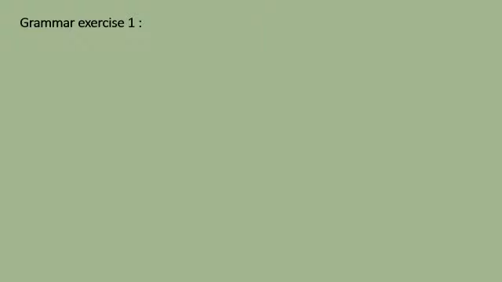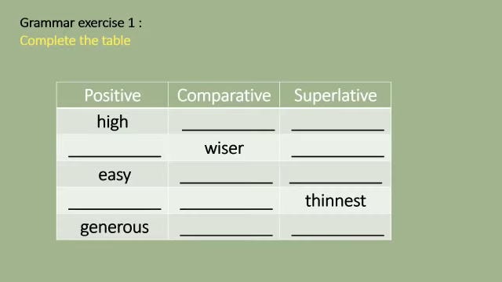Grammar exercise 1. Complete the table. First, positive, high. You have to write the comparative and superlative.